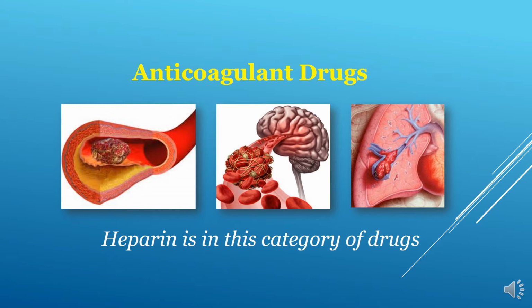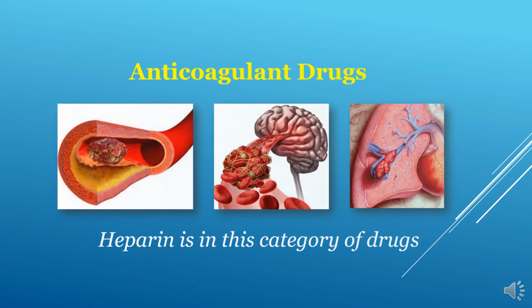These drugs have the ability to stabilize an existing clot so that it does not break away and become a circulation-stopping embolism. But this kind of drug cannot actively break down a clot. Heparin is in this category of drugs.